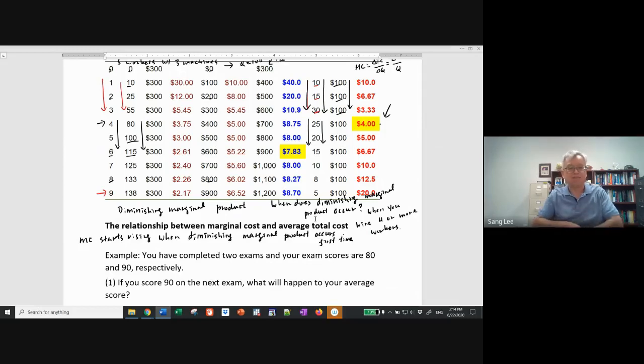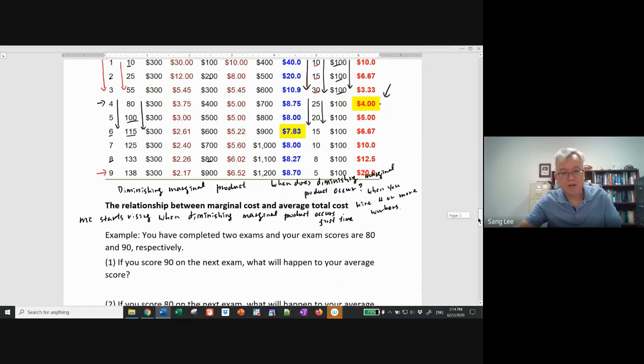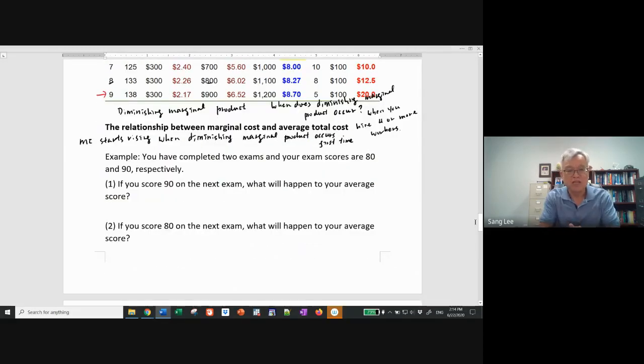Okay, all right. Now, the next topic is the relationship between marginal cost and average total cost. There is a very interesting relationship between them. Before we introduce the conclusion, we're going to use a very simple example, because the relationship is exactly the same.